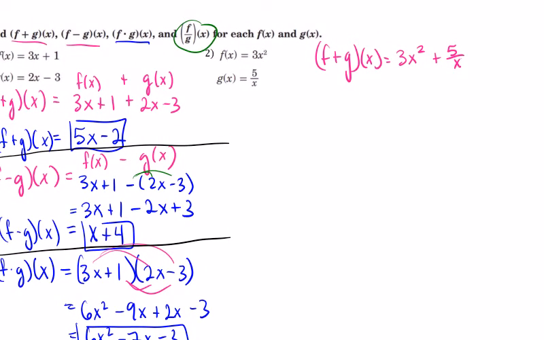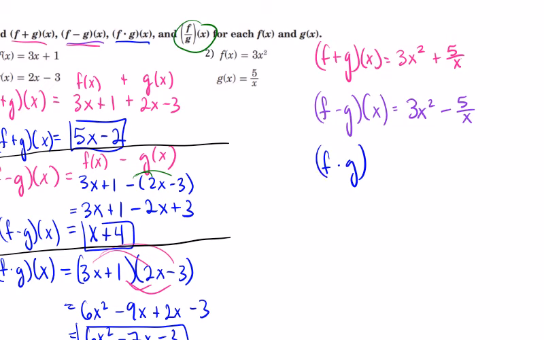All right. Okay, so next I'm going to do f minus g of x. So it's just going to be 3x squared minus 5 over x. And same thing, right? We can't really simplify that, so we just leave it as is. Okay, then we have f times g of x.